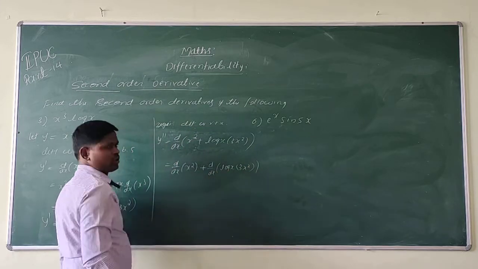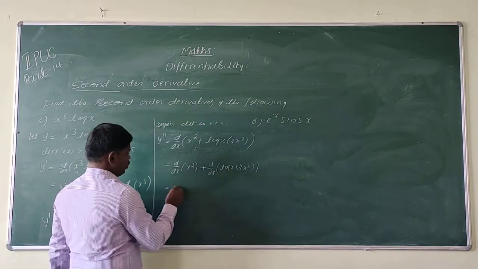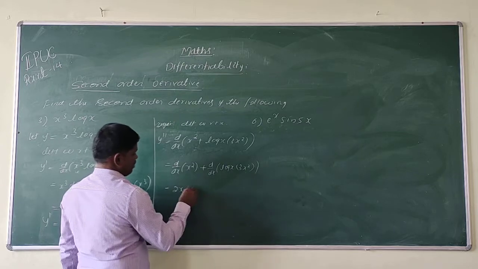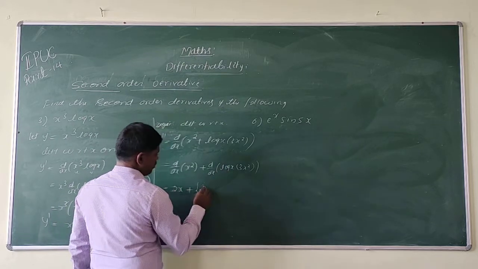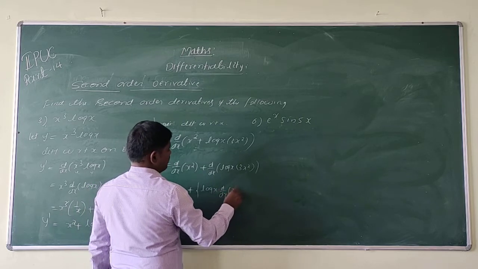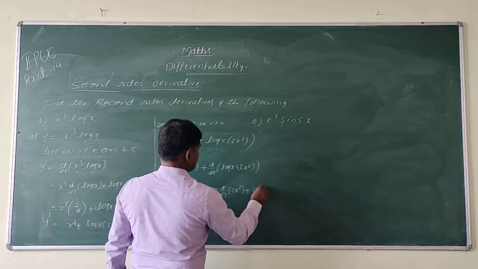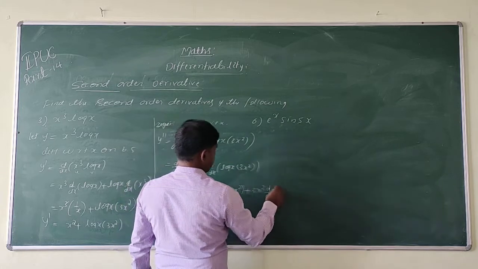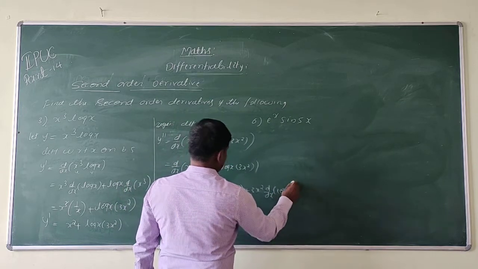So again using product rule, this one is 2x, differentiation of x squared, plus again using the product rule, that is log x into d by dx of 3x squared plus 3x squared into d by dx of log x. Okay. So close the brackets.